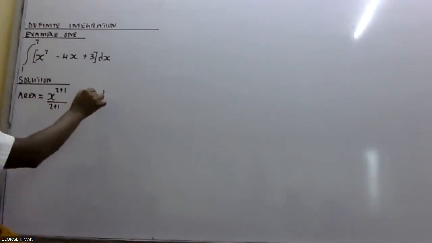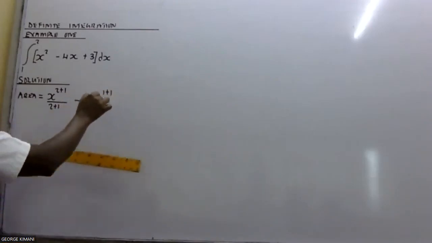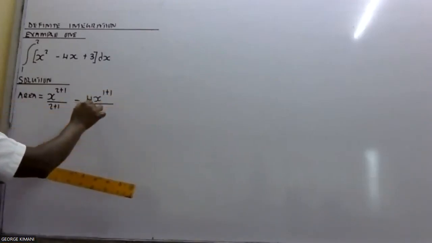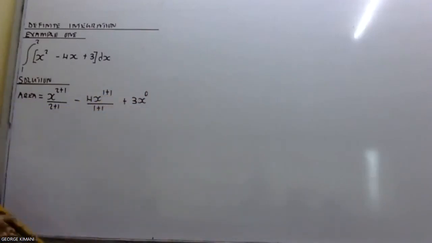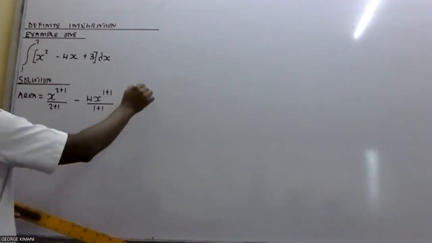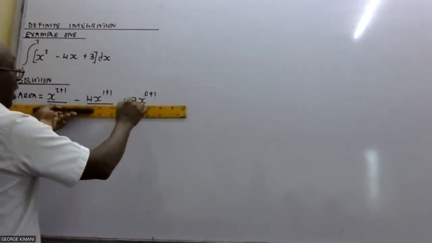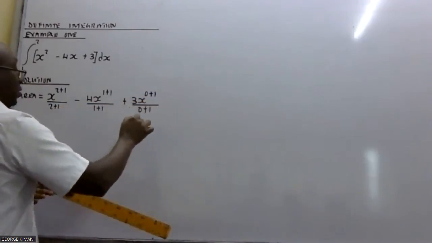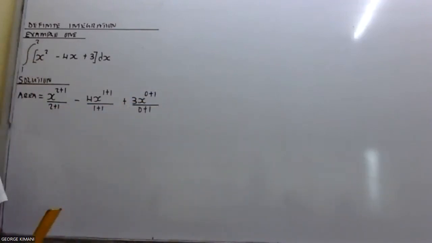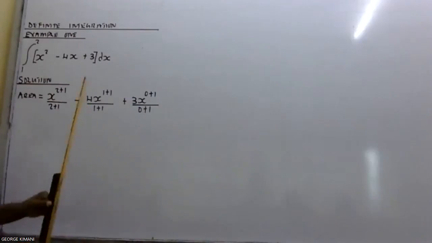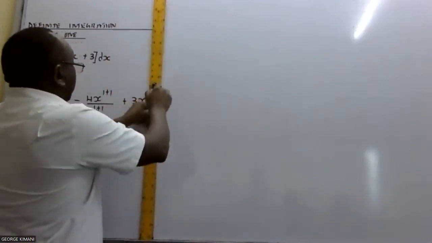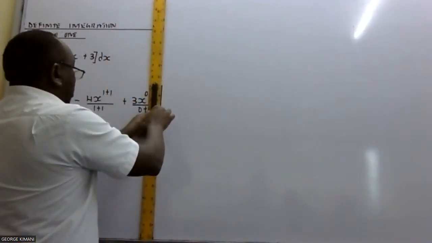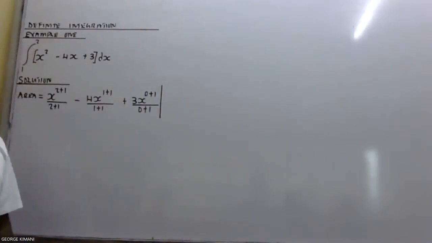Minus 4x raised to power 1, you add back 1, you divide by 1 plus 1. Plus 3x, which is currently raised to power 0, so you add back 1 and you divide by 0 plus 1. Now, unlike the indefinite where we were adding c, here we don't. But if you wish, no harm. But we don't. So instead, what we do, we draw a stroke like that. Now that stroke is read in the range.